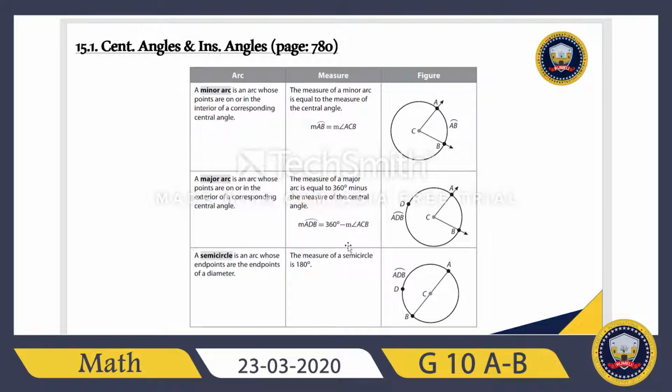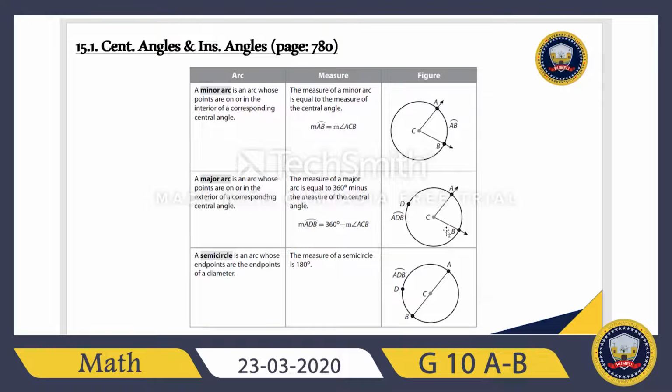So what is the measure of the arc ADB here? Easy. It's the whole angle minus this angle, right? So again, I'm looking for the measure of this arc, ADB, only this one. So it is the total arc or the total angle minus the minor arc.